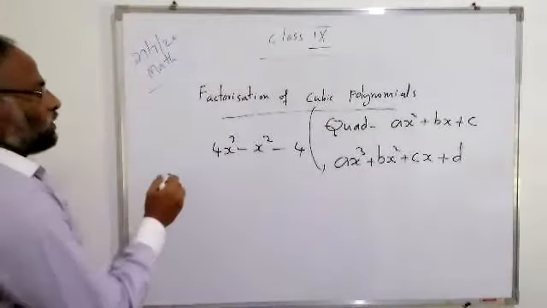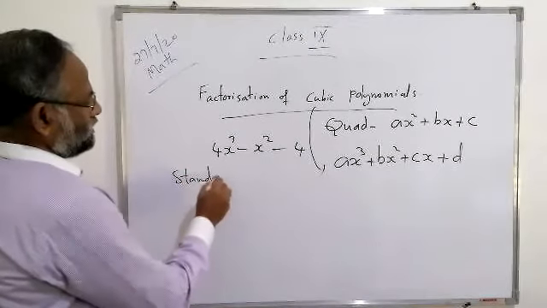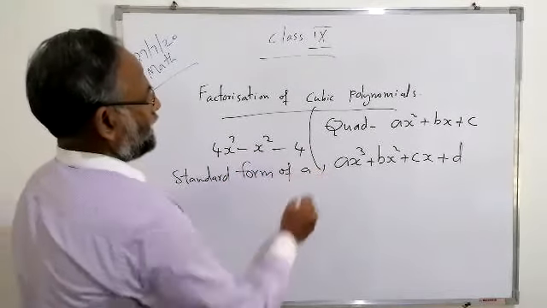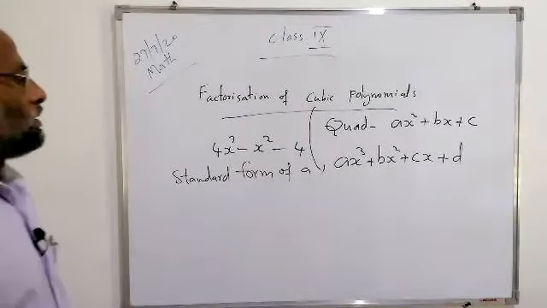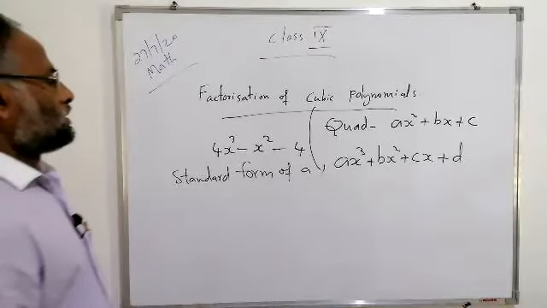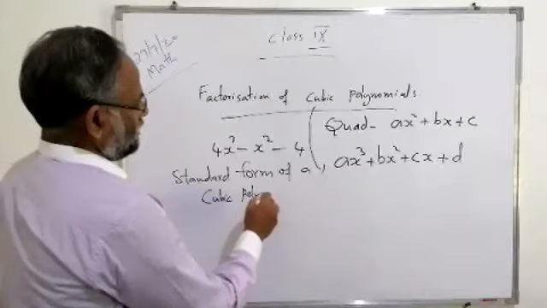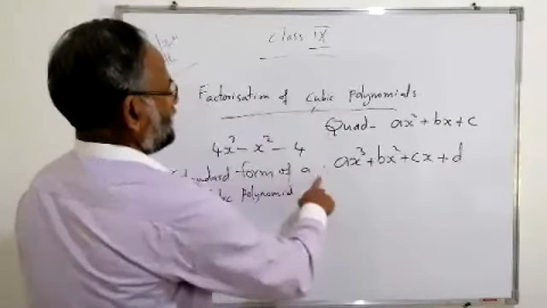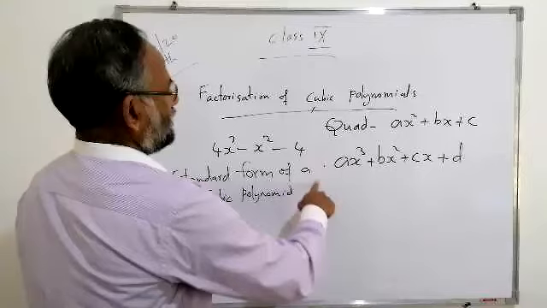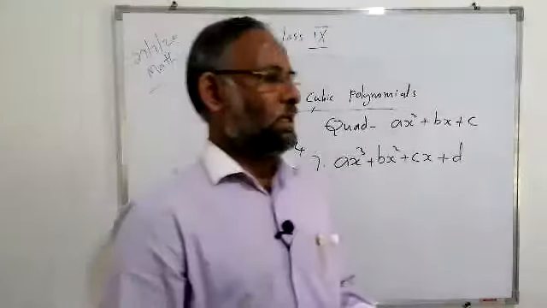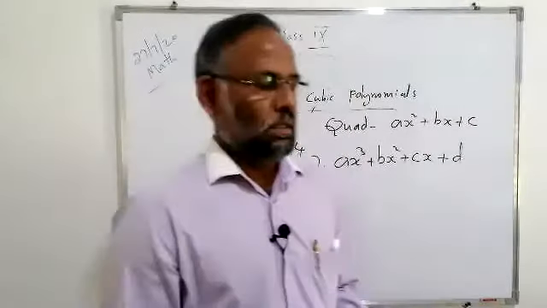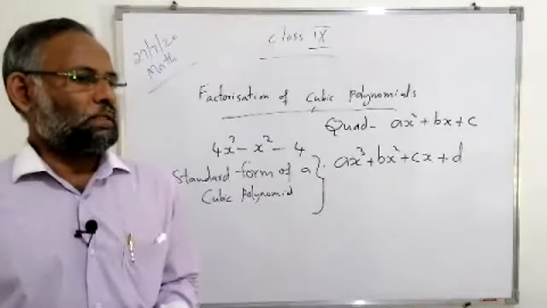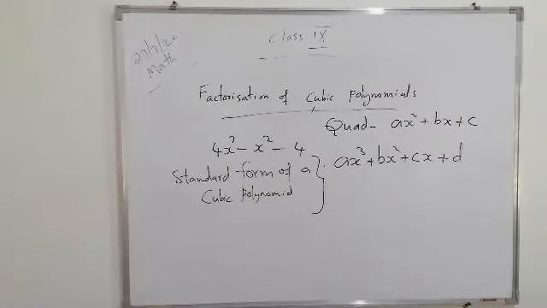Standard form of a cubic polynomial is equal to, all of you write, standard form of a cubic polynomial: ax cube plus bx square plus cx plus d.